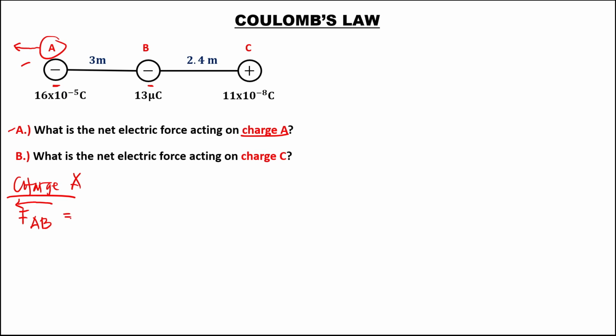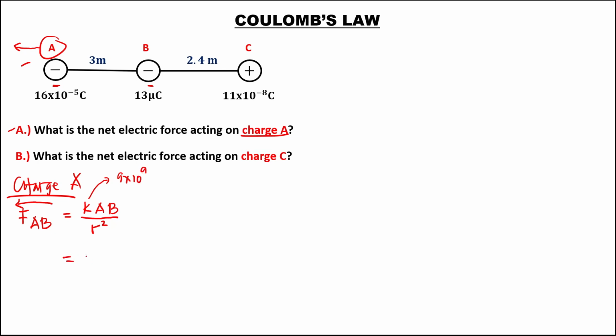Then to find the force between A and B, using this formula, we have Coulomb's constant times charge A times charge B, over r squared, or the distance between A and B. Take note that K is Coulomb's constant, 9 times 10 to the power 9.